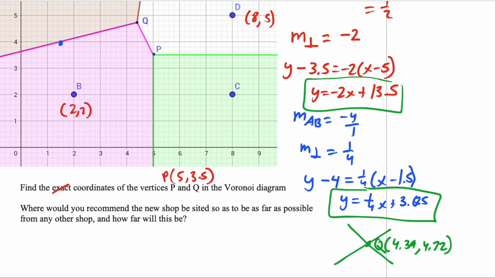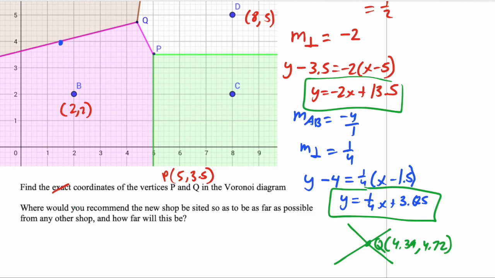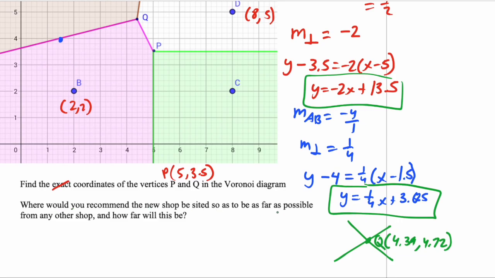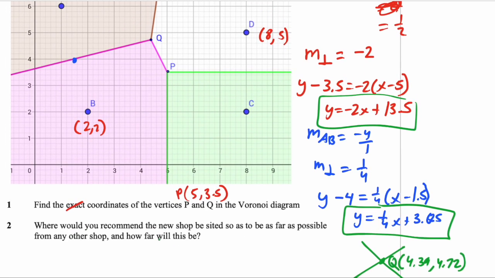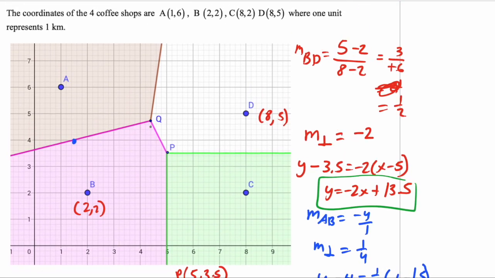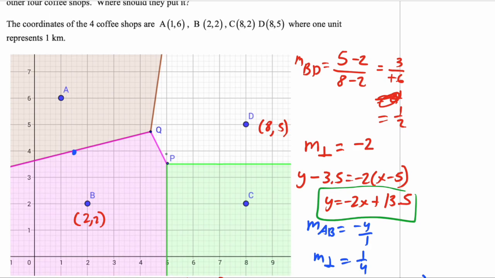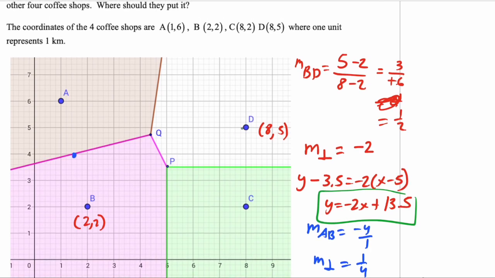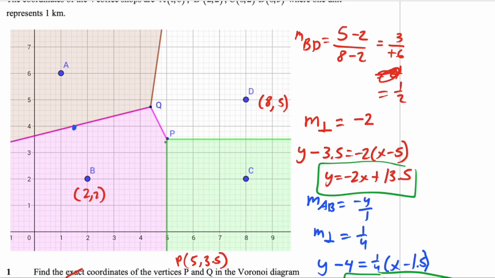So those are the coordinates of point Q. Now where would you recommend the new shop be sited so it's furthest away from any existing shop? Well, you can find the distance PD, for instance. P is equidistant from all these here.